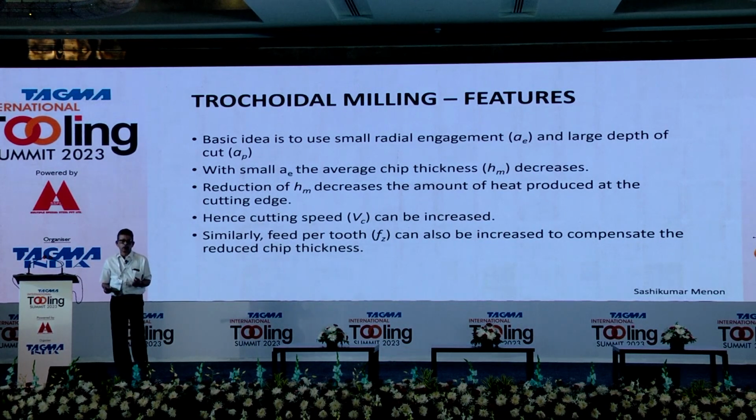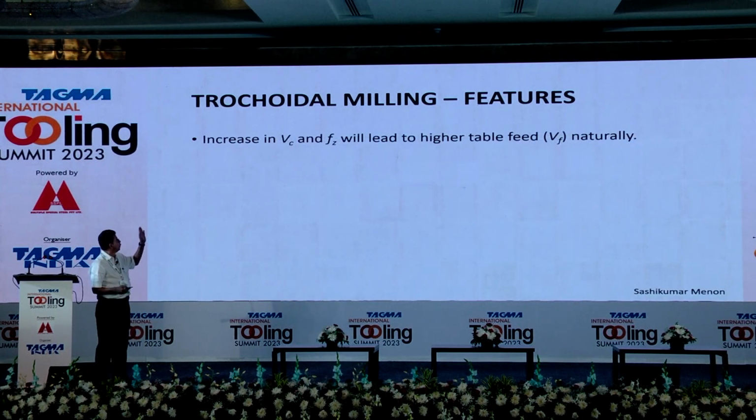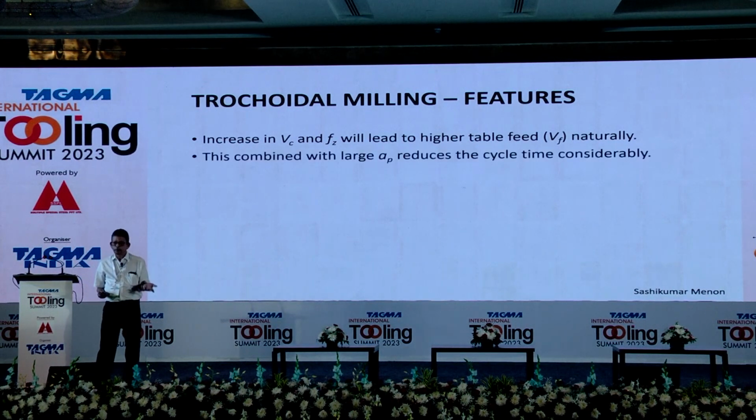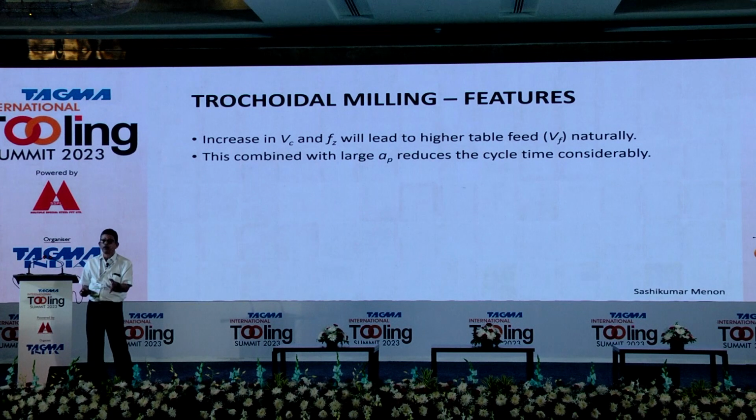Naturally, if you increase the feed per tooth and cutting speed, your table feed is going to be higher. Combined with a large AP, high table feed will reduce the cycle time considerably.